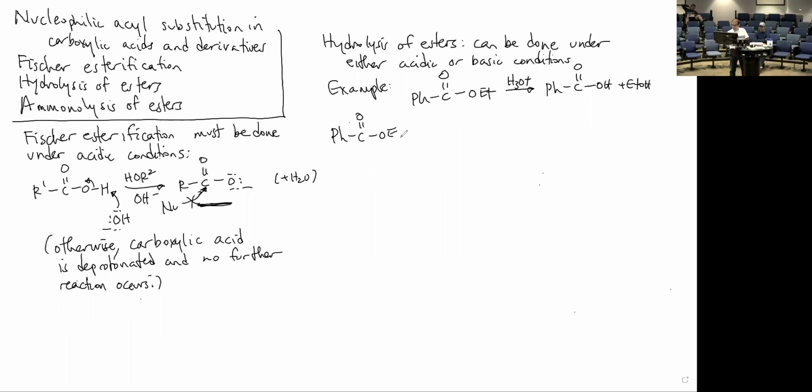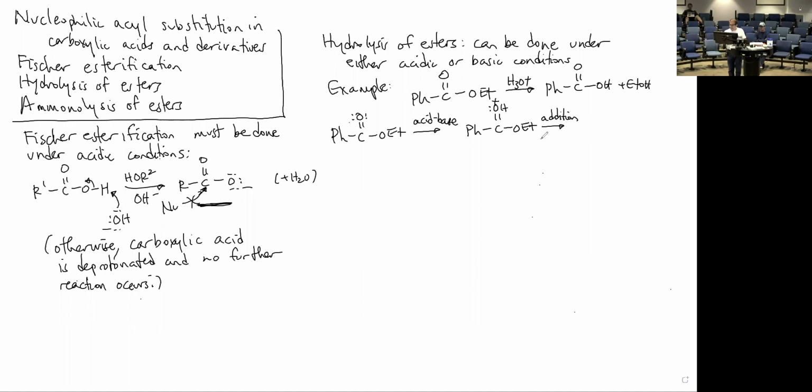Let's start with our ethyl benzoate. So the first step is going to be an acid-base step. And we'll start by putting a proton onto that carbonyl oxygen. Nothing surprising. We've seen that type of thing already. This then is going to undergo an addition reaction.